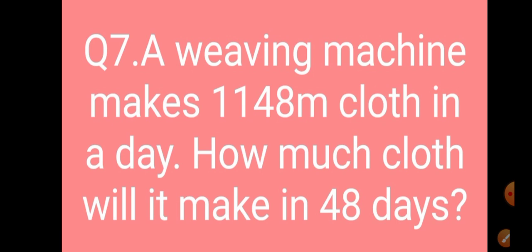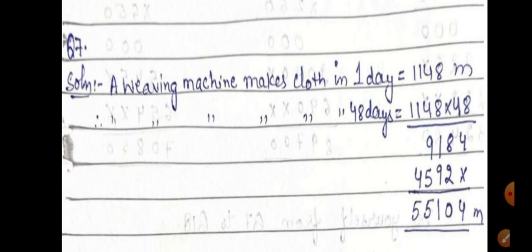Next example is, a weaving machine makes 1148 meters of cloth in a day. How much cloth will it make in 48 days? Weaving machine means बुनाई करना मशीन के थ्रू. A weaving machine makes cloth in one day, that is 1148 meters. So a weaving machine makes cloth in how many days? 48 days.